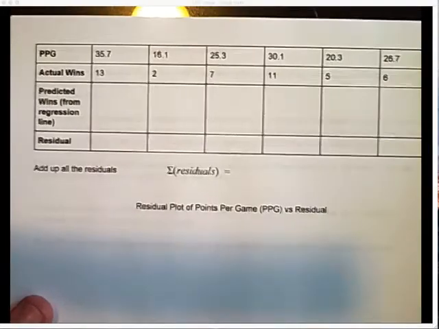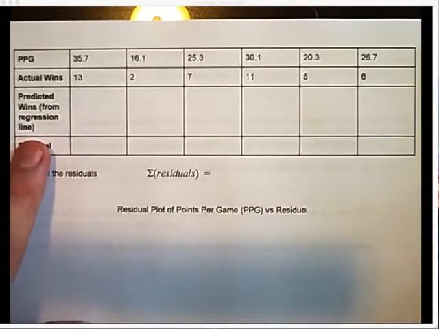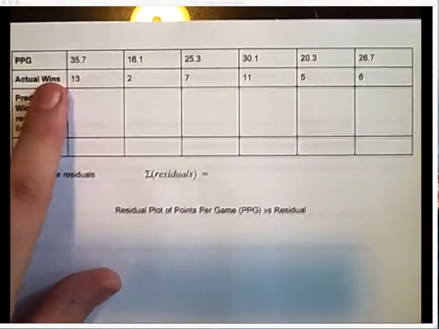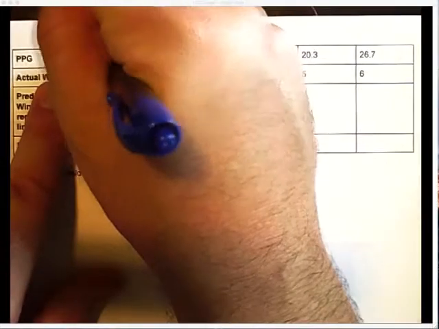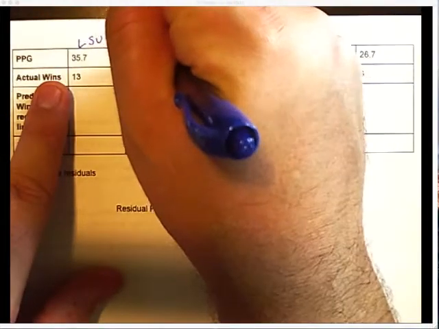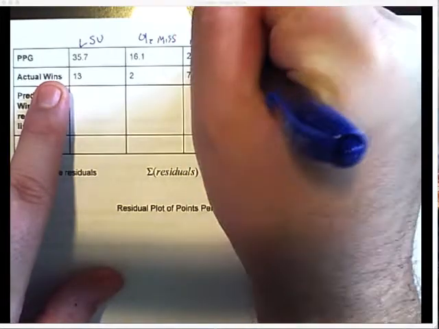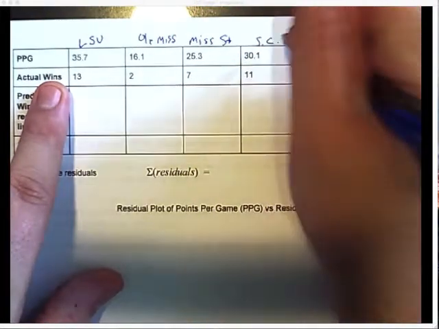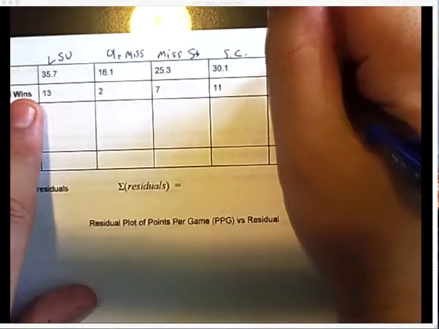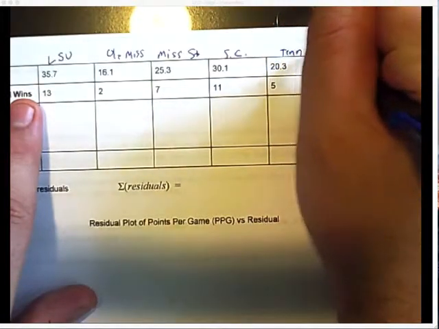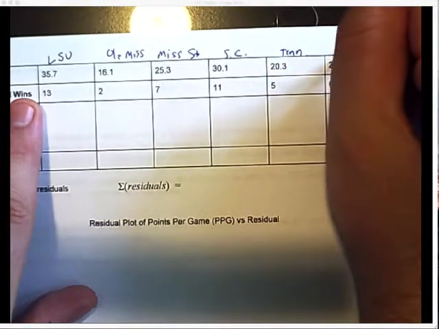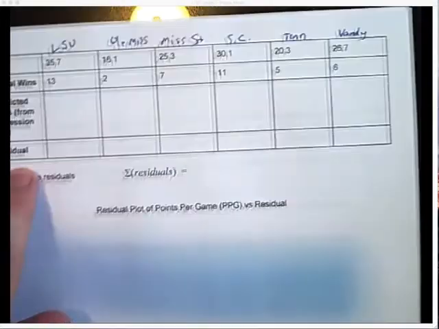All right. So this was LSU, sorry, kind of got cut off there. That's LSU, that's Ole Miss, that's Mississippi State, that's South Carolina, that's Tennessee, and this is Vanderbilt. Okay.